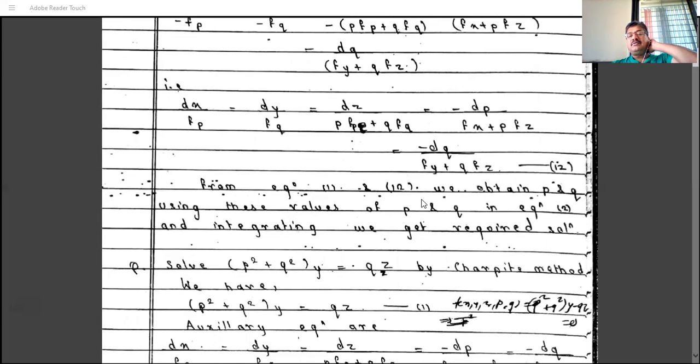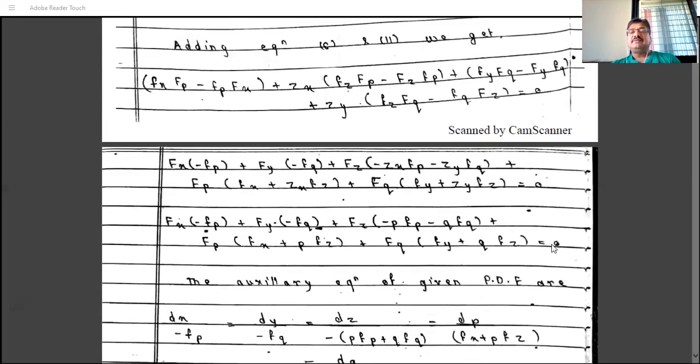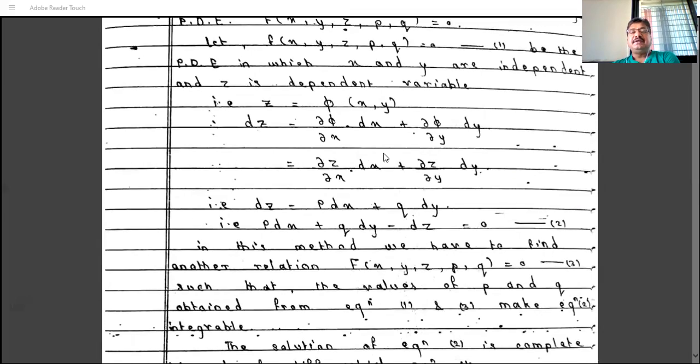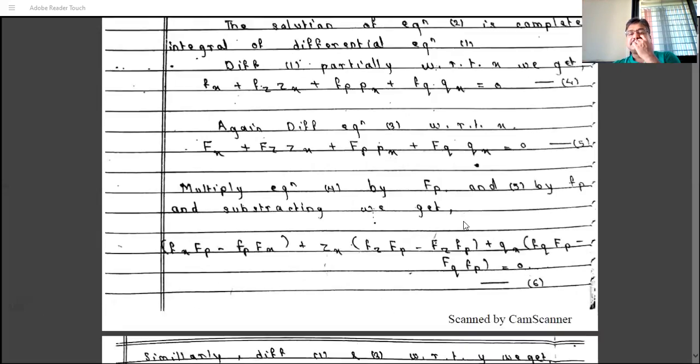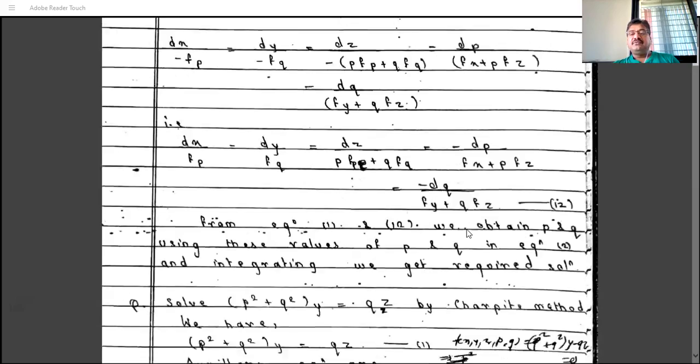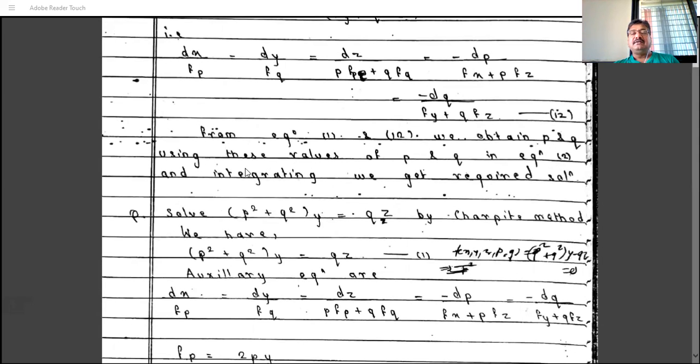And so from equation number 1 and 12, we obtain the values of P and Q. And using these values of P and Q in the equation number 2, what is the equation number 2? dz is equal to P dx plus Q dy. So from equation 1 and 12, find the values of P and Q and use these values in equation number 2, means dz is equal to P dx plus Q dy, and integrating that equation, we get the required solution.